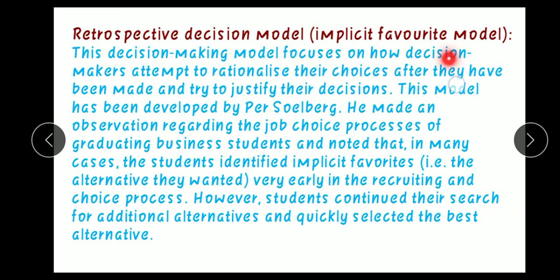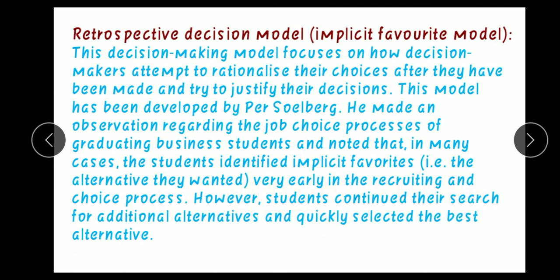It mostly focuses on how decision makers attempt to rationalize their choices after they have been made and try to justify their decision. यहाँ पे डिसीजन लेने के बाद उनको जस्टिफाई किया जाता है कि हाउ दे हैव टेकन देयर डिसीजंस. एंड दिस मॉडल हैज़ बीन डेवलप्ड बाय पर्सियल बर्ग एंड ही मेड एन ऑब्जर्वेशन रिगार्डिंग द जॉब चॉइसेस प्रोसेस ऑफ ग्रेजुएटिंग बिजनेस स्टूडेंट्स एंड नोटेड दैट इन मैनी केसेस द स्टूडेंट्स आइडेंटिफाइड इम्प्लिसिट फेवराइट्स. मीन्स जिस चॉइस को या जिस अल्टरनेटिव को वो चाहते थे वो उन्हें वहाँ पे मिला.